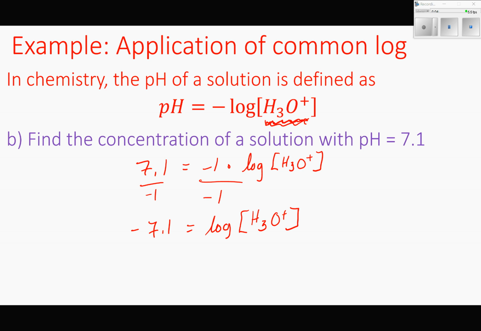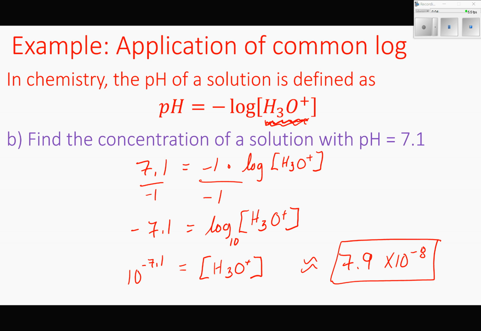To solve, this is base 10, even though it wasn't written, it's a common log. I want to write this in exponential form. So now it's my base raised to negative 7.1 equals my concentration. That's a number I can put in my calculator. 10 raised to the negative 7.1 is approximately 7.9 times 10 to the negative 8th. So we can still solve for an unknown that we're taking the log of by using our exponential properties.